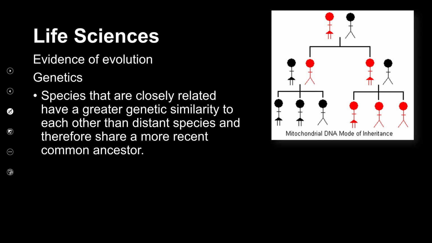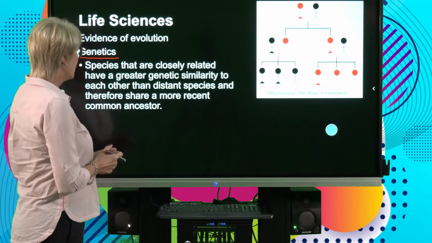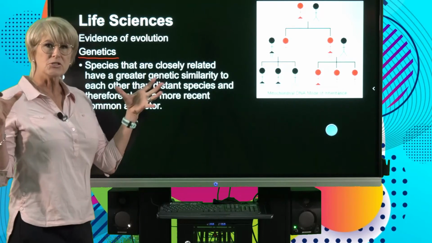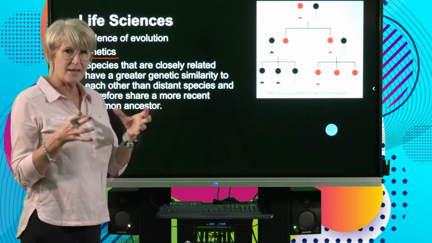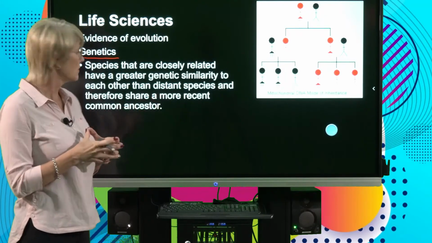All right, then the next concept we're going to have a look at, the next form of evidence, is what we call genetics, and genetics is very important. With genetics, basically, we have a look to see how closely related organisms are. So the more genes that they have in common, or that they have the same, the closer the relationship.